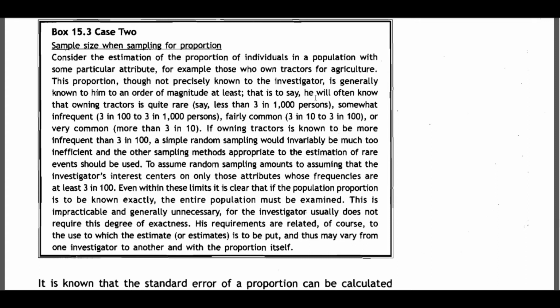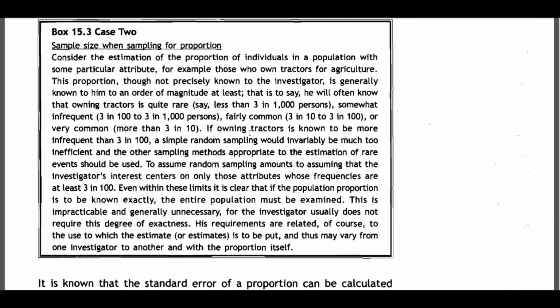That is to say, he will often know that owning tractors is quite rare, say less than 3 in 100; somewhat infrequent, 3 in 100 to 3 in 1000 persons; fairly common, 3 in 10 or 3 in 100; or very common, more than 3 in 10.